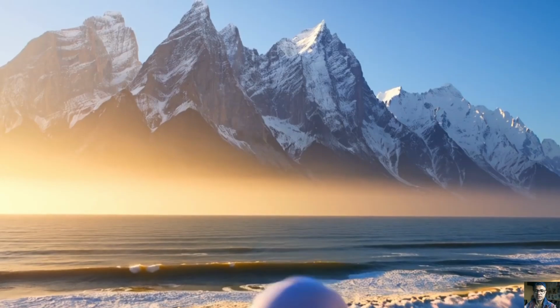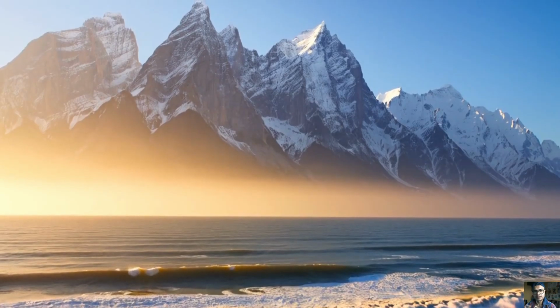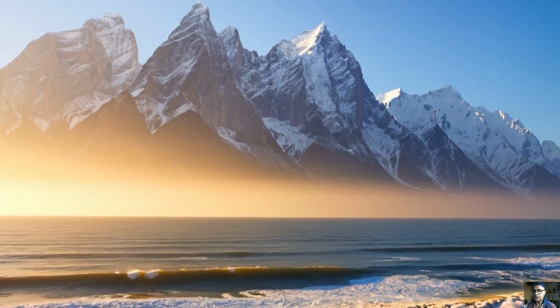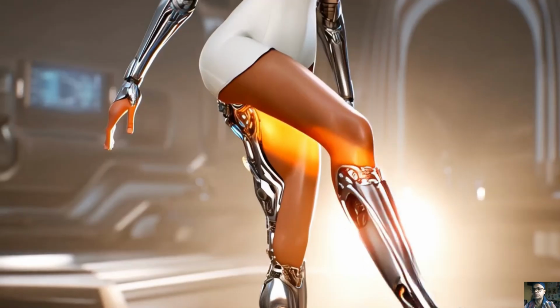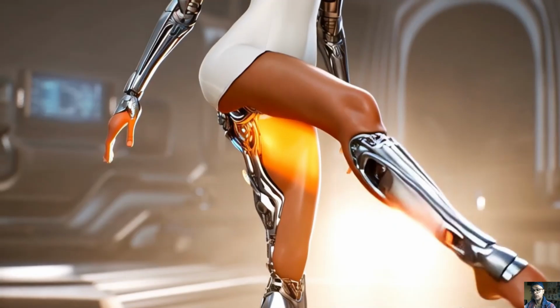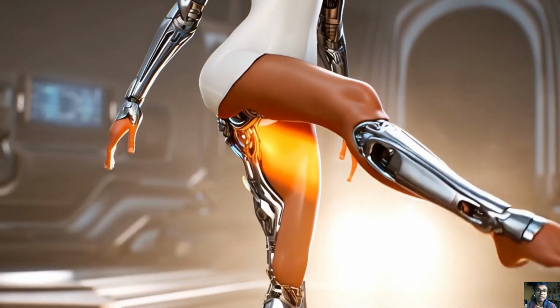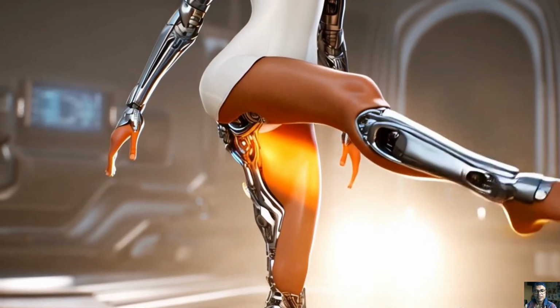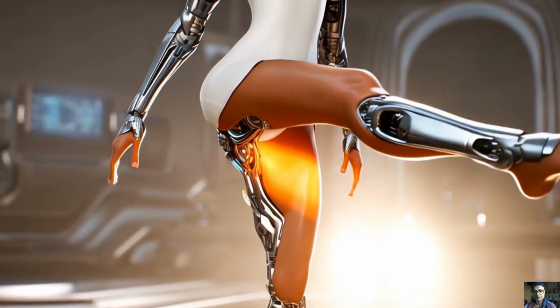The journey to create truly human-like robots is a long one, but the principles of kinetics are guiding us every step of the way, ensuring that these machines not only resemble us in form, but also in their dynamic and graceful motion.